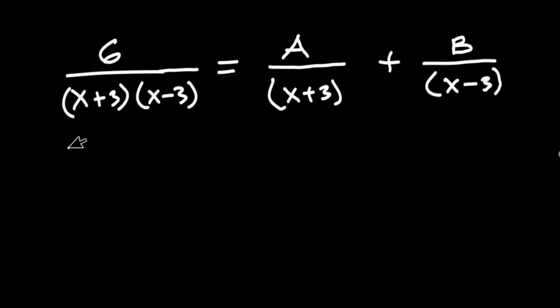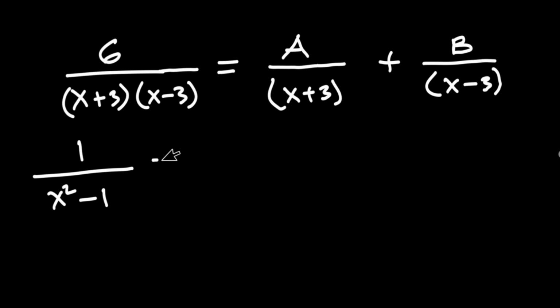Now, another point is that, let's say we are given 1 over x squared minus 1, and you are asked to express this in its partial form. You notice that on the denominator side, we have a quadratic factor, right? Now, because this quadratic factor right here is factorable, it means that we can break this down.